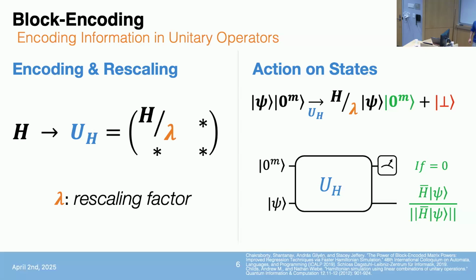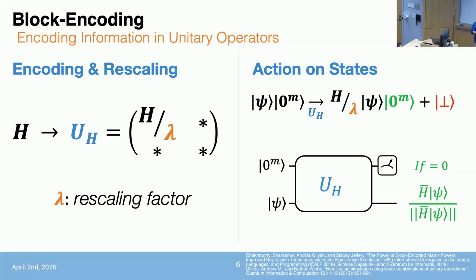And so we output a normalized state of our operator H acting on our system, which is something you might want. And the probability of measuring that all 0 corresponds to the rescaling factor and the norm of that output state.